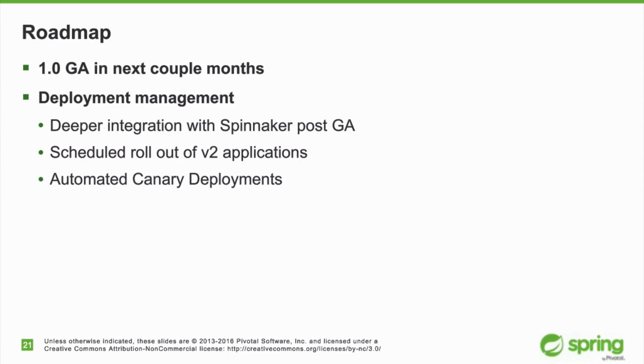And what we're looking to do afterwards is, in order to benefit from the general ecosystem of tooling that we have around microservice applications, closely integrate with a couple things. One of them is Spinnaker, which is a project from Netflix that we've been contributing to along with Google and Microsoft.